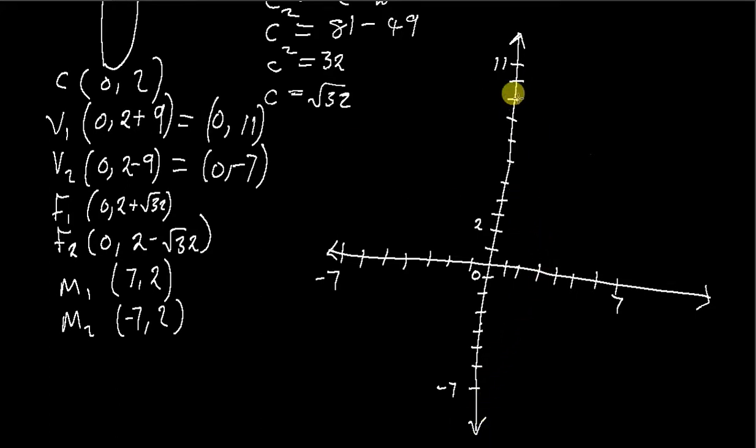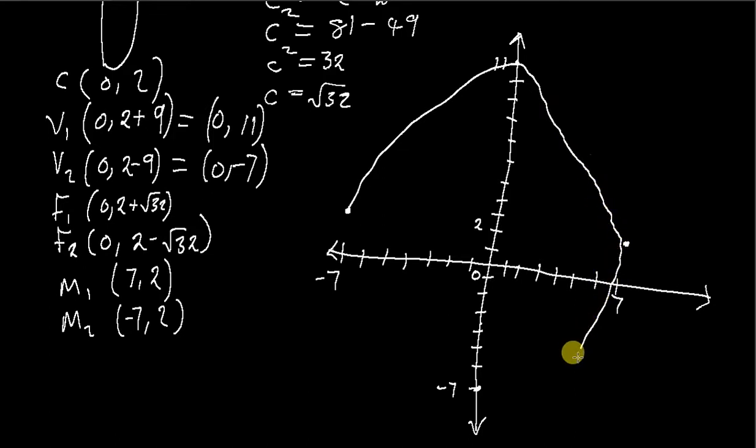So from there we can now locate our points. We have 0, 11, which is our V1. So 0, 11 is somewhere there. Then we have 7, 2 somewhere there. Then we also have negative 7, 2 there, and then we have 0, negative 7. So you can now sketch our ellipse.